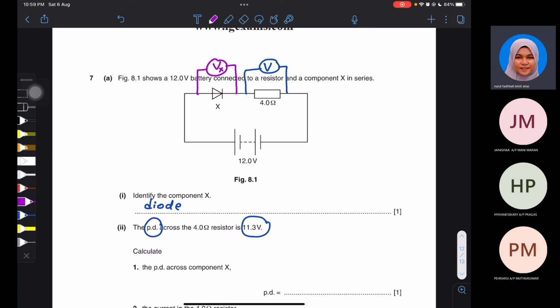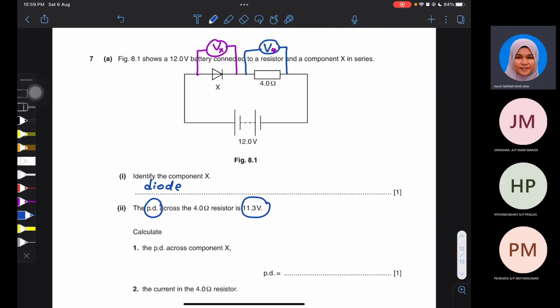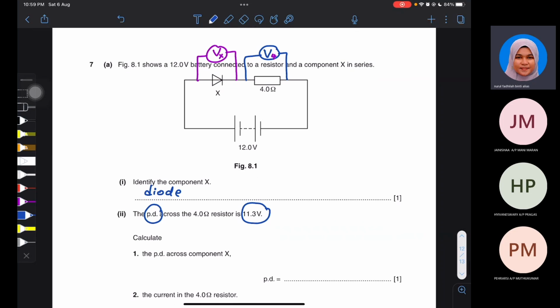Okay, jadi kat sini kalau kita pasang voltage here, you dah tahu dah. Kan? Ini in series ke in parallel? Series. Jadi macam mana kita nak dapatkan? Kalau in series, the voltage total sama dengan Vx plus V yang ada dekat 4 ohm tu. Betul? Sebab dia in series.